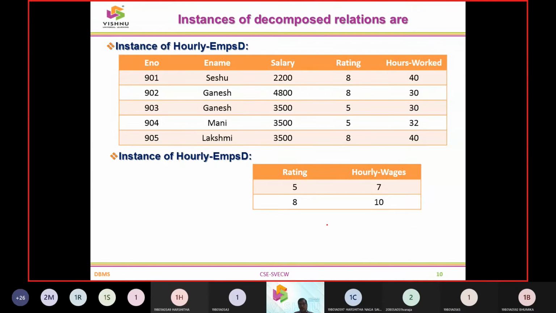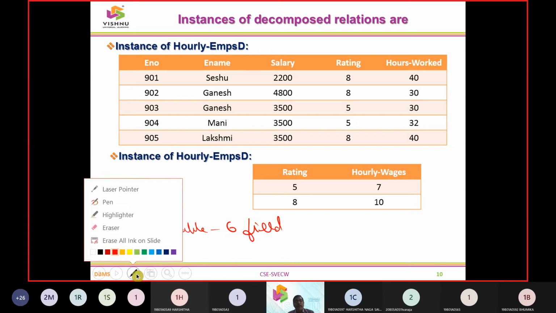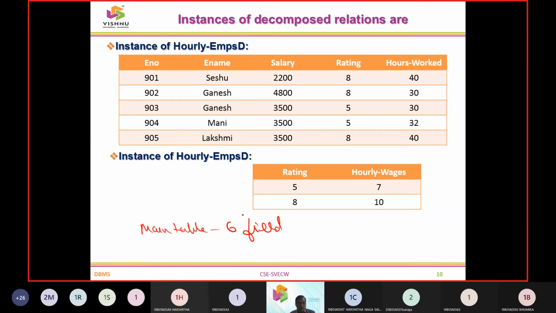syntax, the main table is going to have 6 fields. These 6 fields are divided into 2 tables.